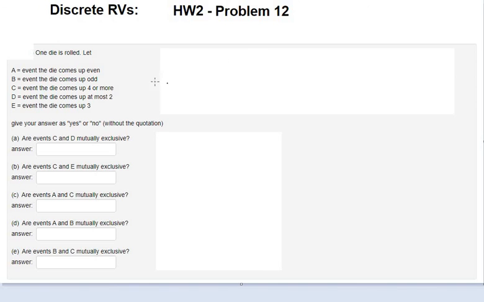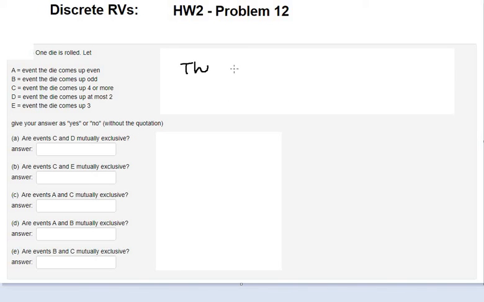Problem number 12. One die is rolled. Let event A be the die comes up even numbers. Event B, the die comes up odd numbers. Event C, the die comes up 4 or more. Event D, the die comes up at most 2, and event E, the die comes up 3. So we're going to answer whether they are mutually exclusive or not.